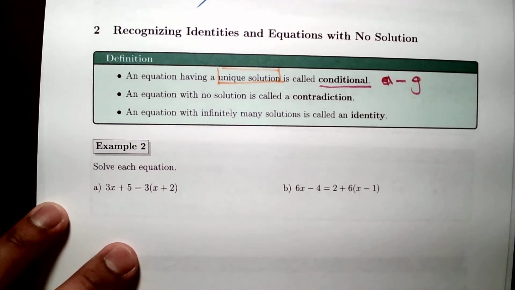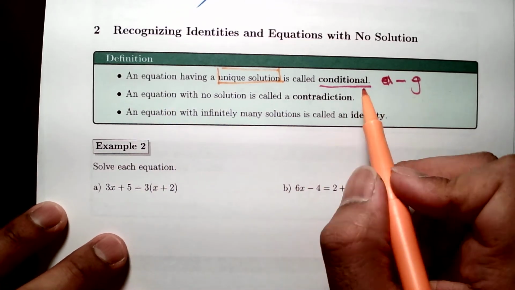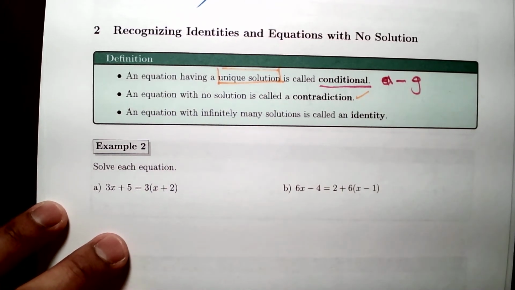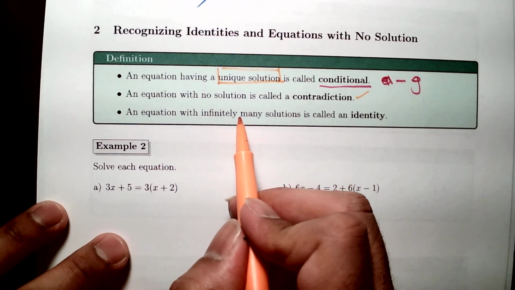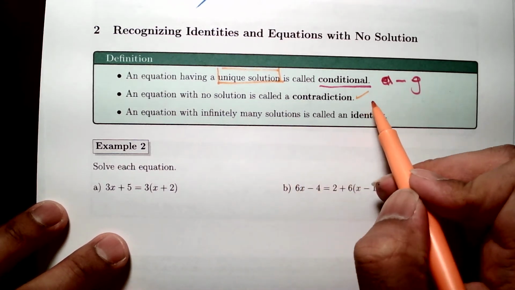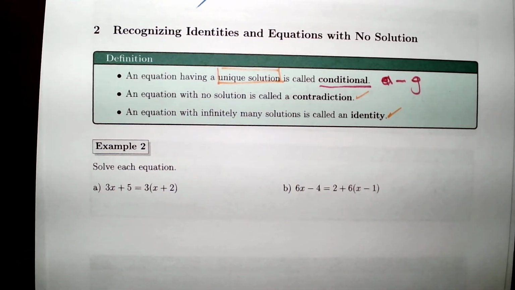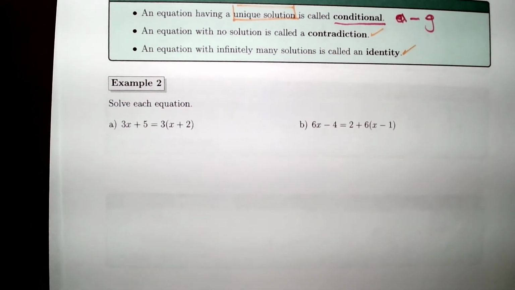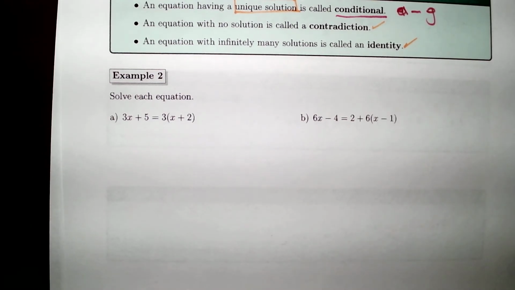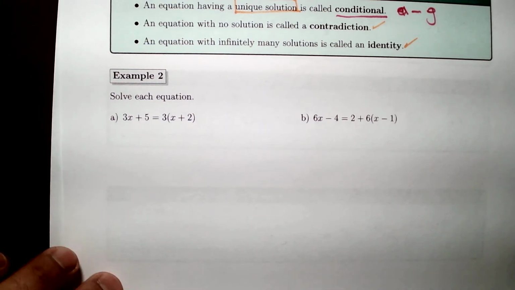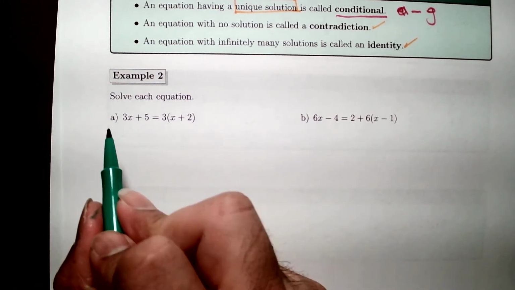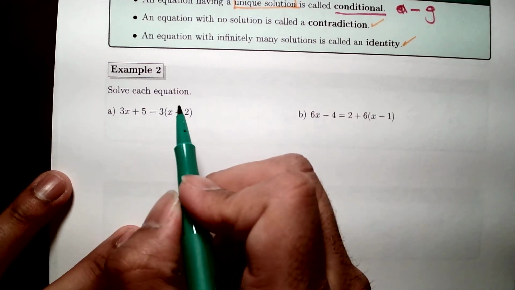Otherwise, well, an equation with no solution is called a contradiction, and an equation with infinitely many solutions is called an identity. And we are going to learn how to identify those special cases with the two equation examples below. So let's solve each equation. Alright, so 3x plus 5 equals 3 times x plus 2.